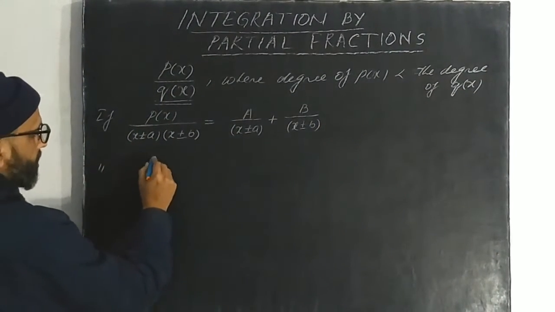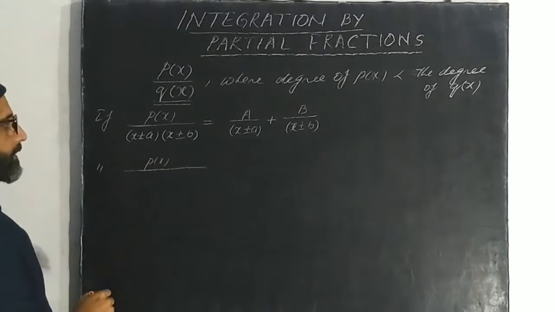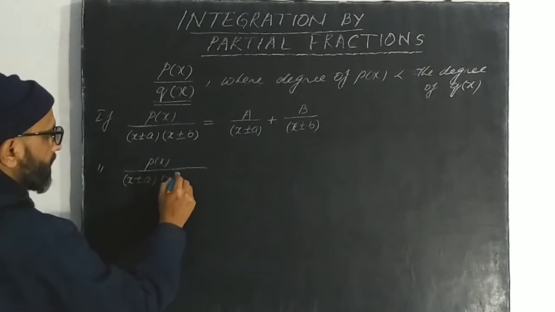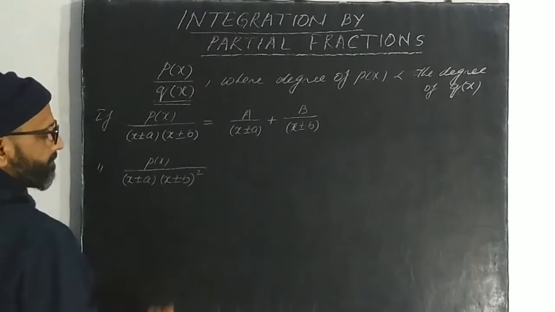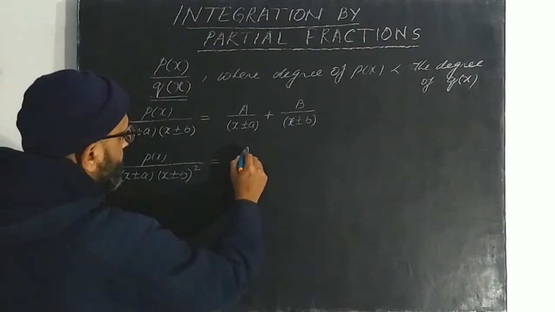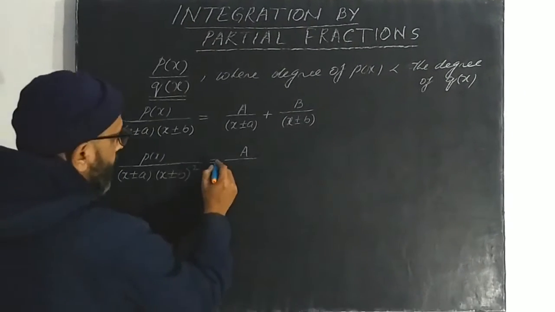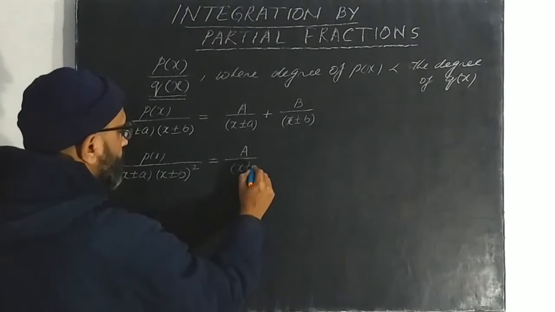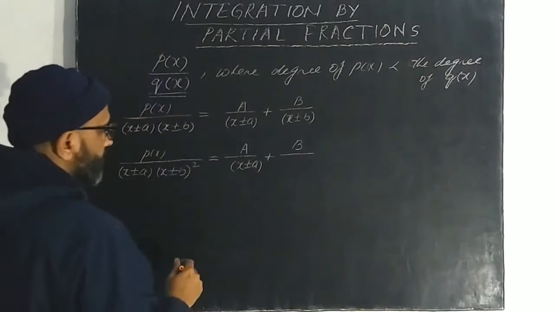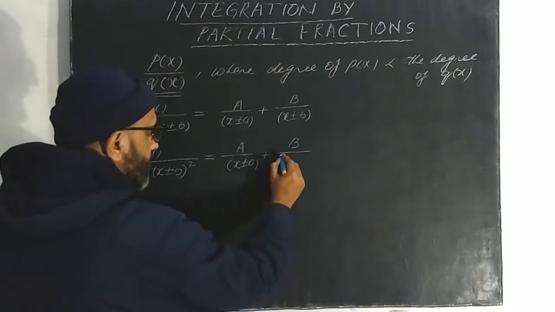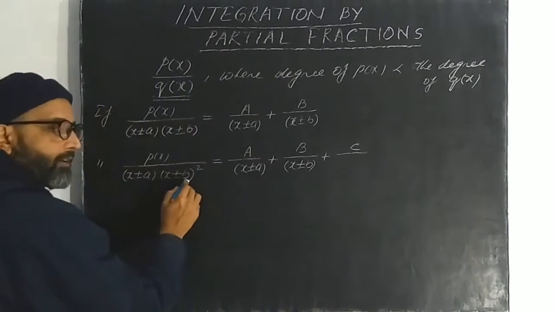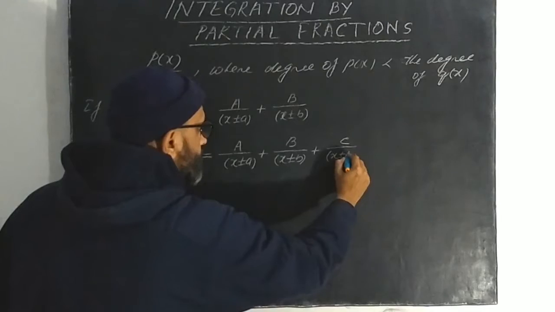And if the integrand is given as P(x) upon (x plus or minus a) into (x plus or minus b) whole square, then we assume this expression as A upon the first linear binomial, plus B upon the linear binomial of this whole square, that is only x plus or minus b, and then plus C upon its whole square, (x plus or minus b) whole square.